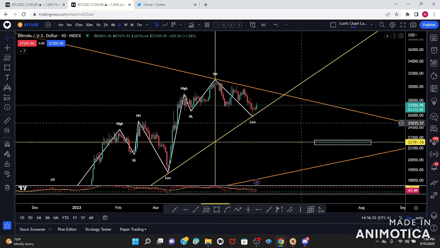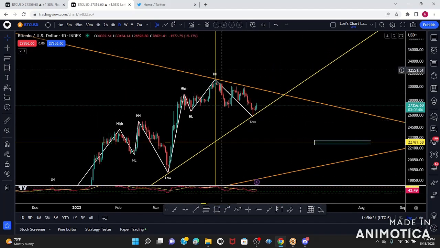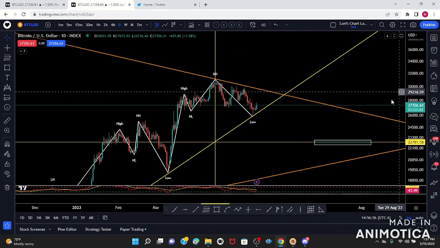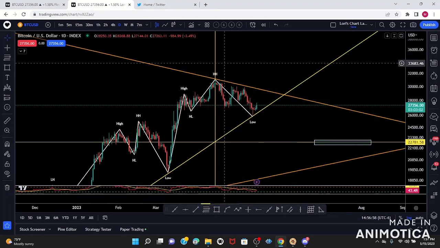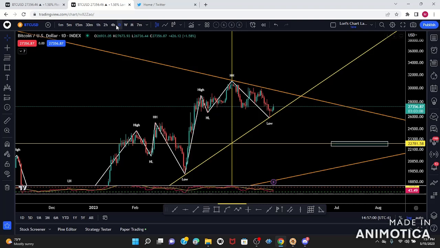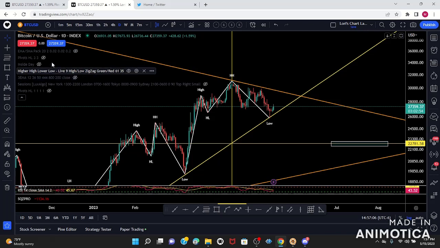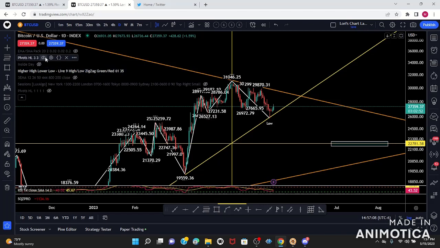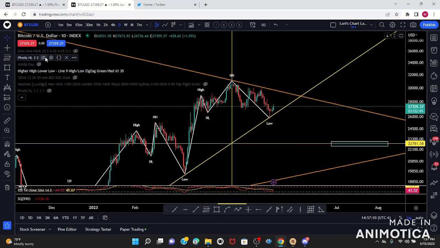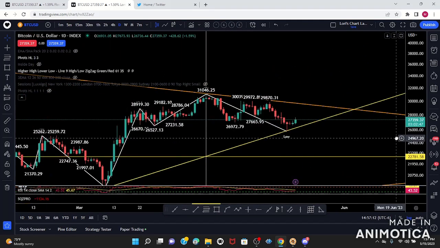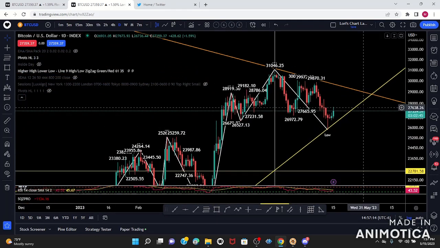Okay, so now that I did my trend line, I'm not going to put a resistance trend line because the monthly is there, and that monthly is stronger than the day. But I am going to set a range. And how do you find your range? You could use pivot highs and lows, or turn on your higher high, lower low indicator.